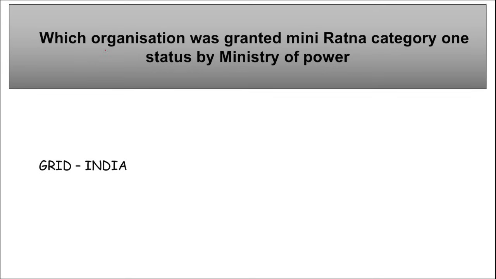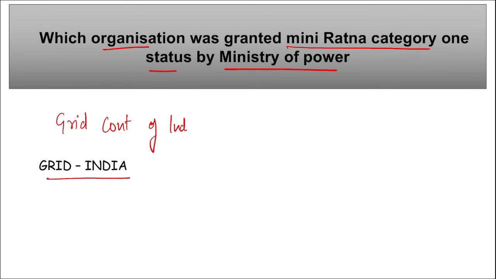Correct? Which organization was granted Mini Ratna Category 1 status by Ministry of Power? It is Grid India. What does Grid India stand for? Grid Controller of India Limited. They have been designated as the Mini Ratna Category 1 CPSE by the Ministry of Power.